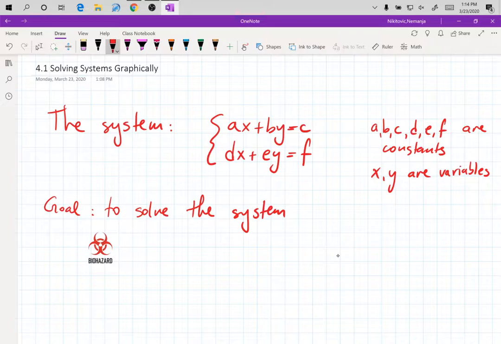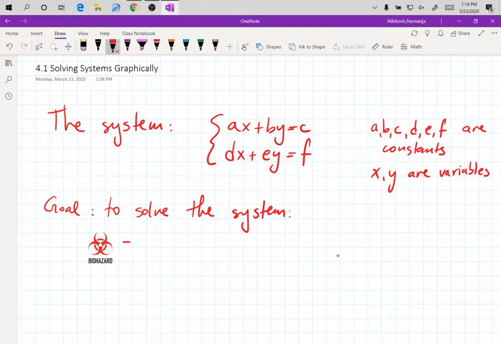So the goal is to solve the system, and in order for us to solve the system, we are looking for three possible types of solution.